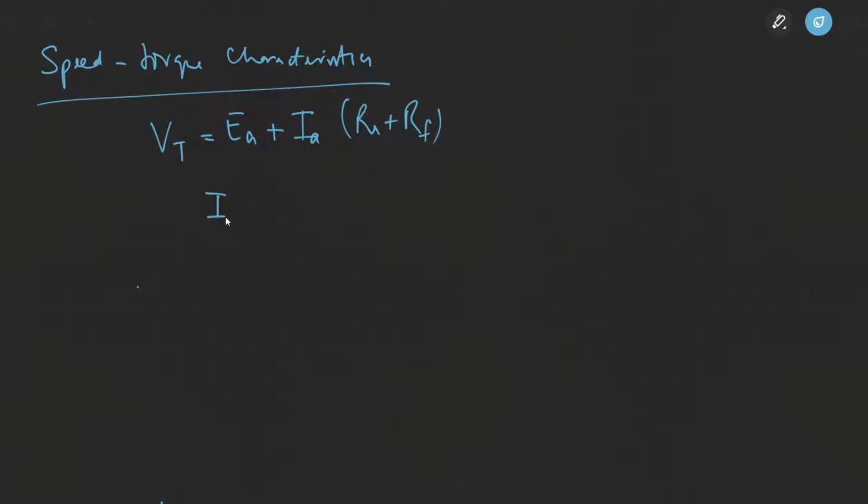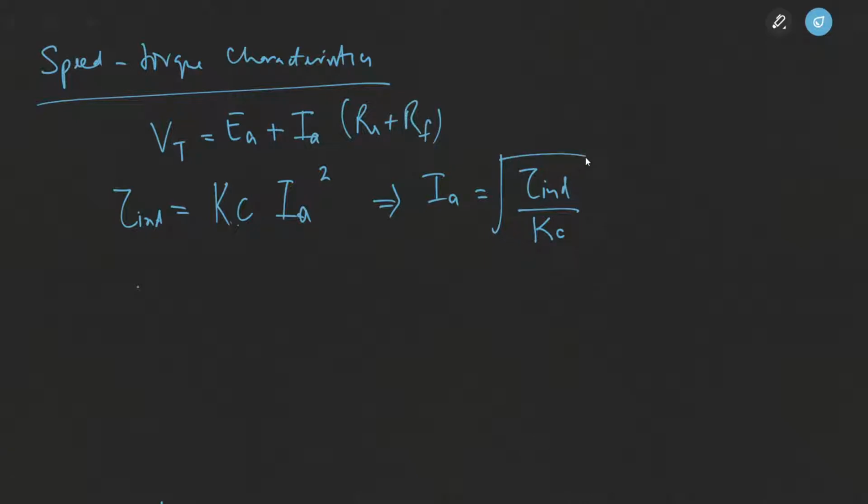We saw that torque induced is equal to Kc IA square, where C is a constant of proportionality. From this, IA is therefore equal to the square root of torque induced divided by Kc.